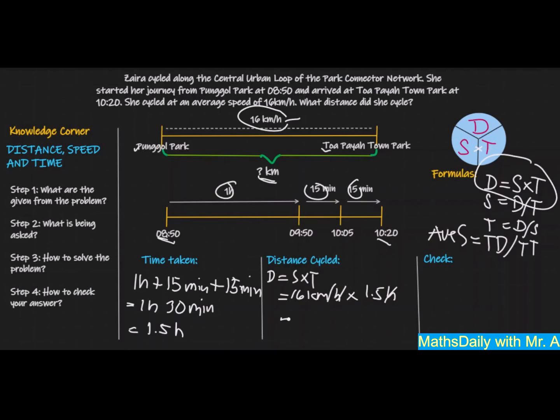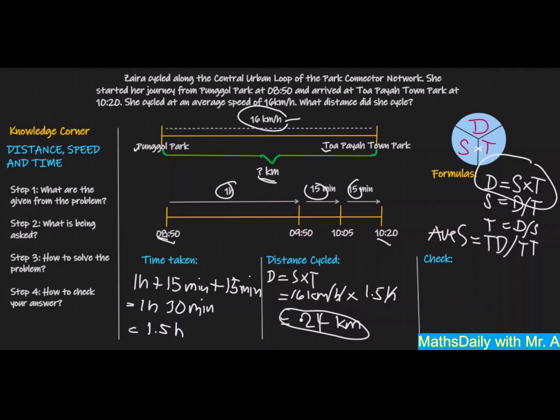This will give us 24 kilometers. Okay, so the total distance, or the distance from Punggol Park to Toa Paya Town Park, is 24 kilometers.